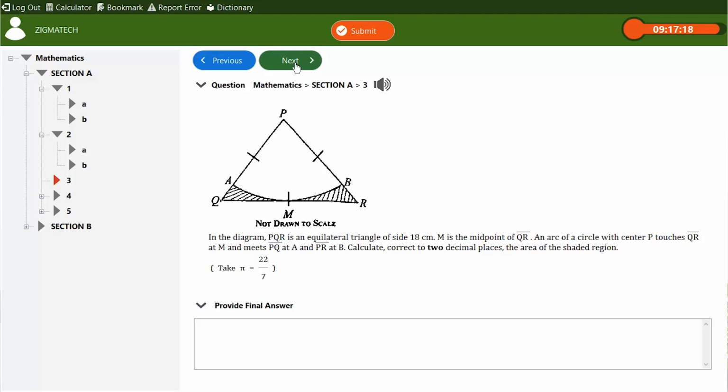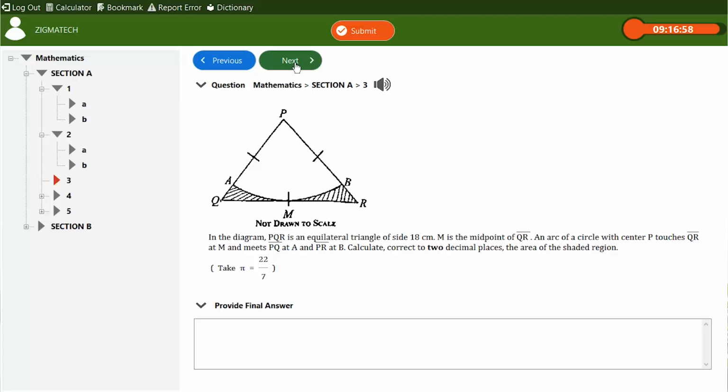Whenever they talk about area of shaded, try to know the shape given to you and the other shape that makes it up, because it's a composite shape, as the case may be. You are seeing a triangle, and the other one is looking like a sector.